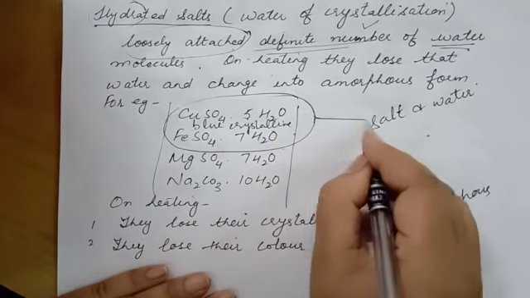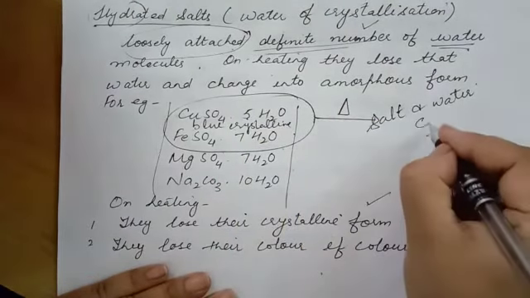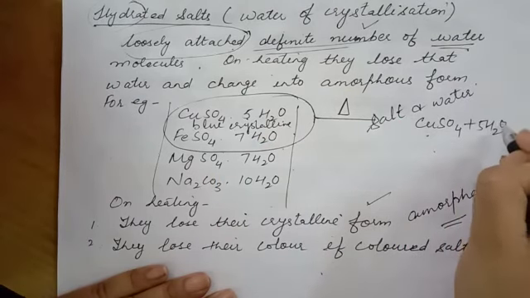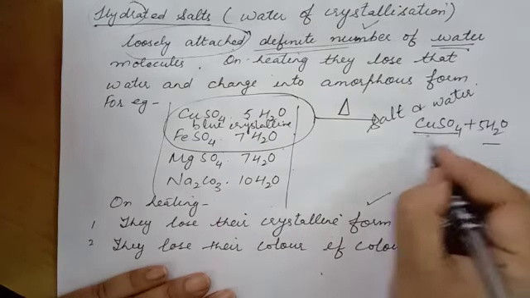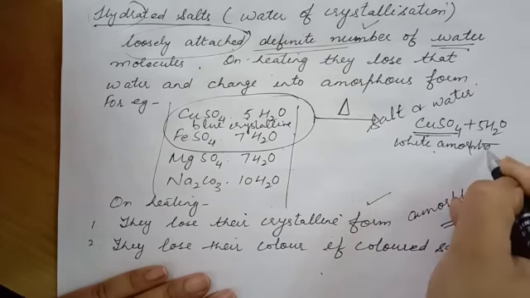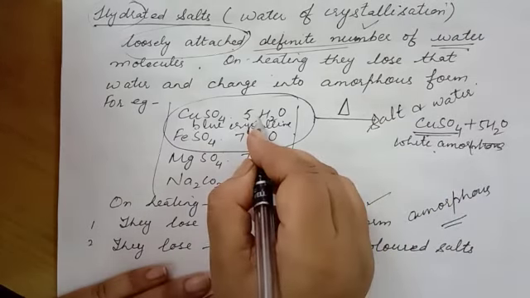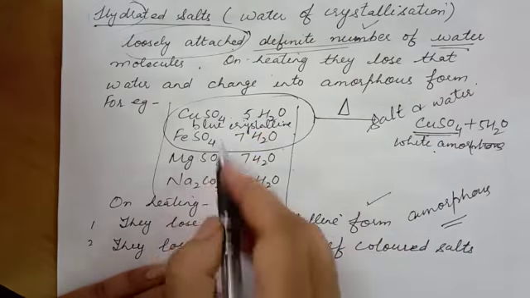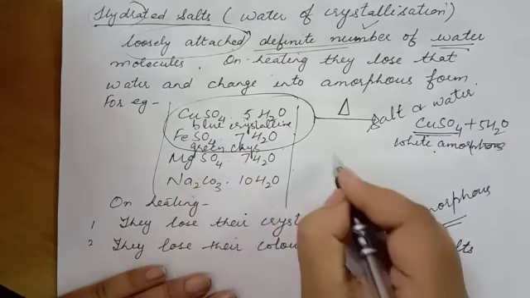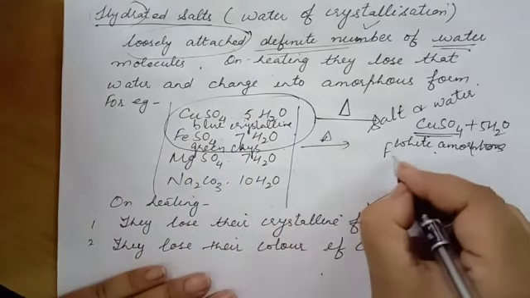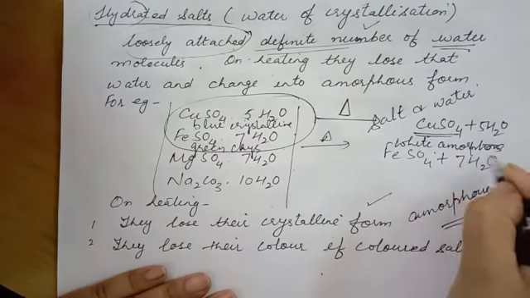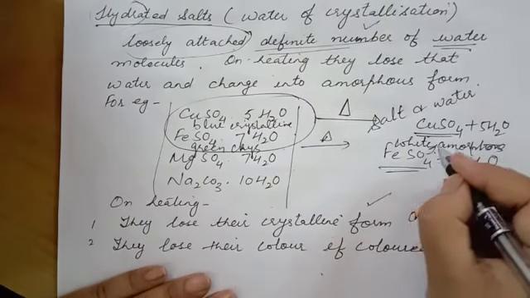When you heat it, what are the products? Copper sulfate and water is going to be evaporated. Now this copper sulfate is now white amorphous. We also call it blue vitriol. Now this one is green crystalline ferrous sulfate. Green crystalline, when you heat it, again it changes into ferrous sulfate plus 7 molecules of water, and this ferrous sulfate is again white amorphous.